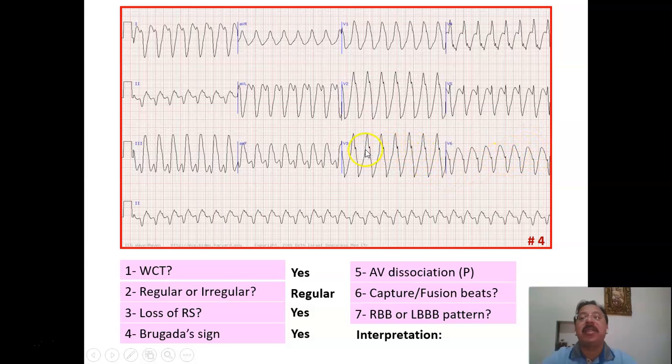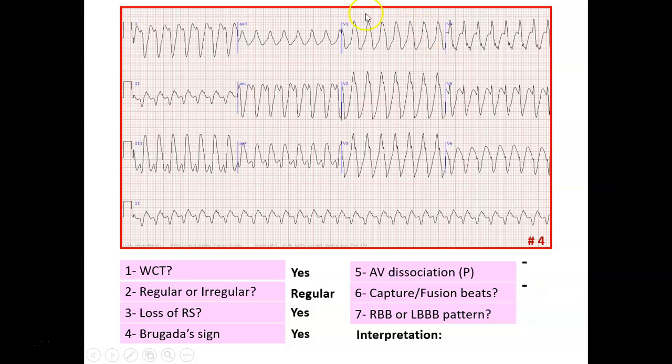This is called Josephson sign. This is also in favor of ventricular tachycardia. Any AV dissociation, capture beat, and fusion beats? Difficult. And the pattern is a right bundle branch block pattern. It's probably not applicable to this ECG. So our interpretation in this ECG is ventricular tachycardia.